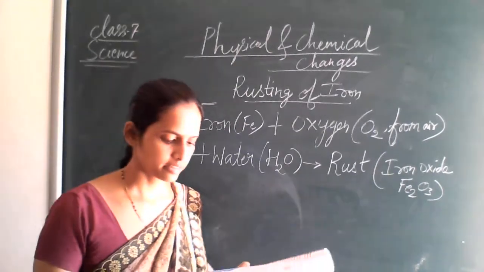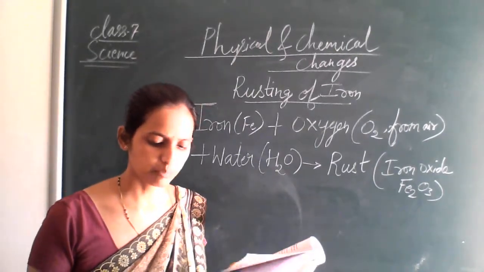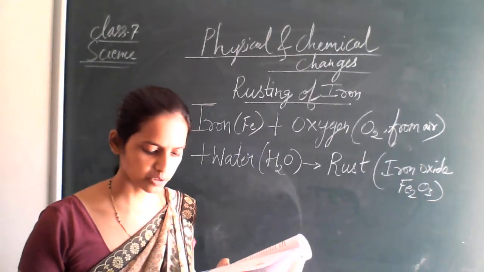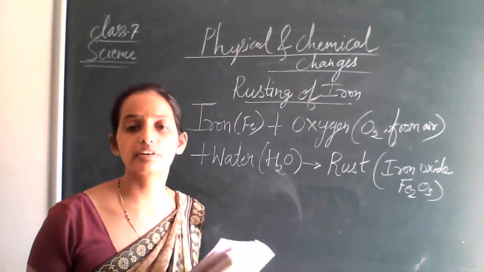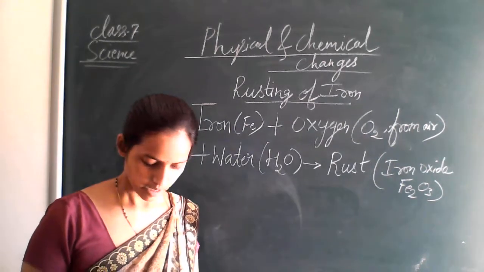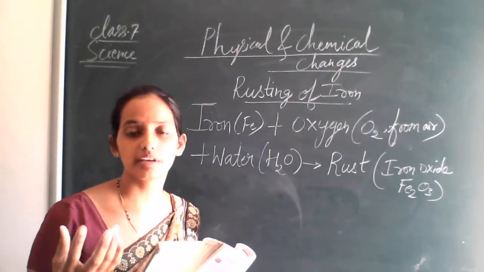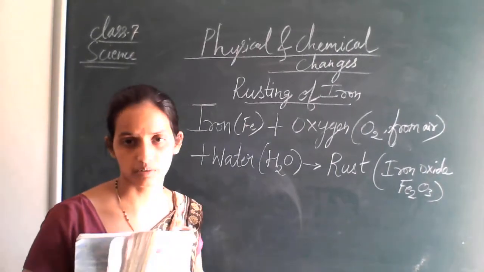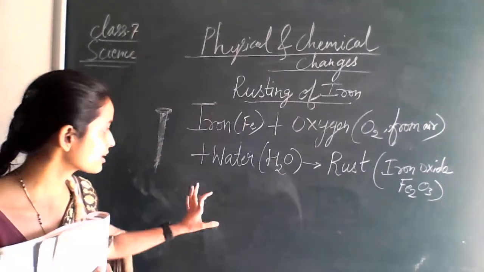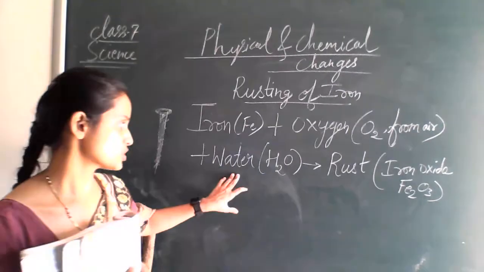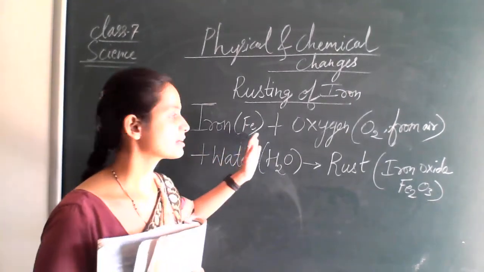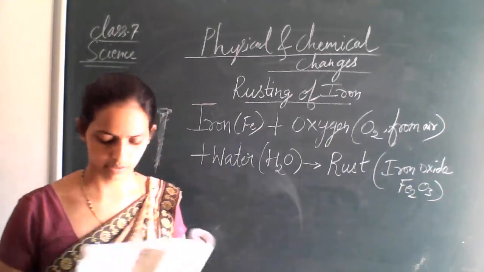In fact, if the moisture content in the air is high, which means it is more humid, rusting becomes faster. If the atmosphere has more moisture, meaning more water content, the iron will easily get rusted.